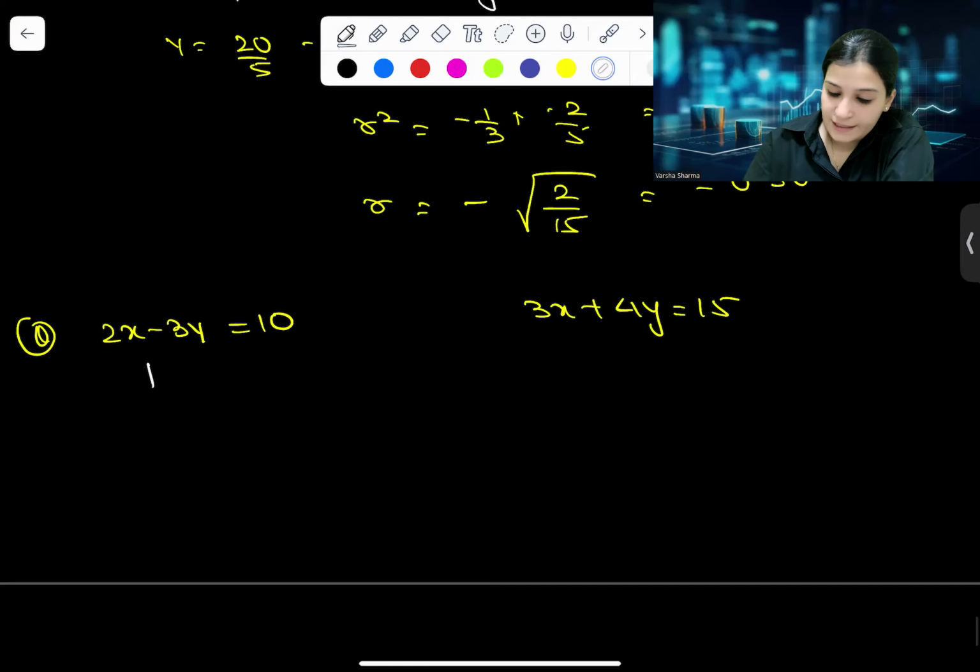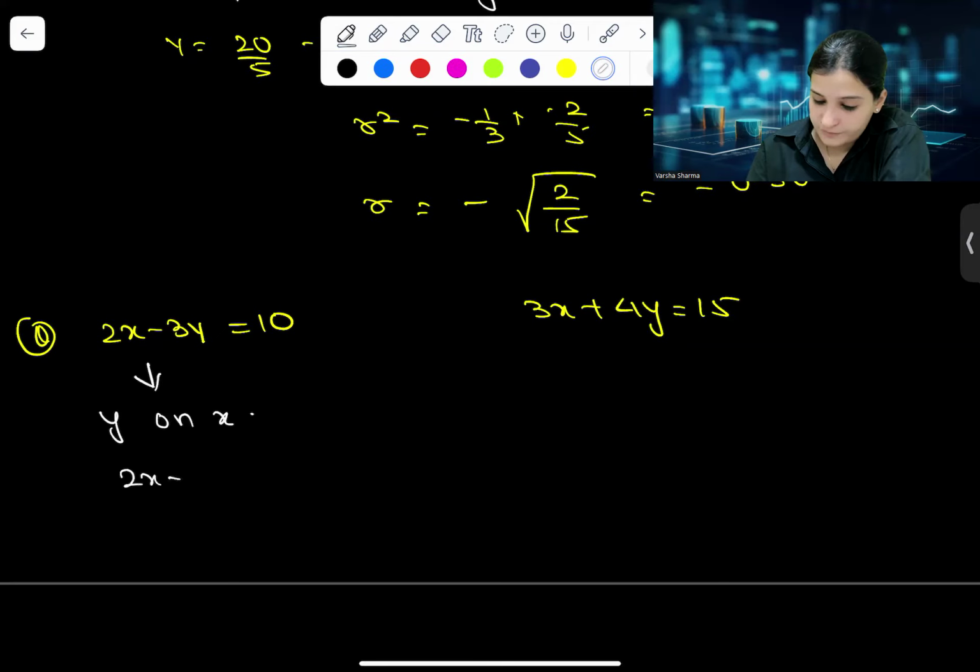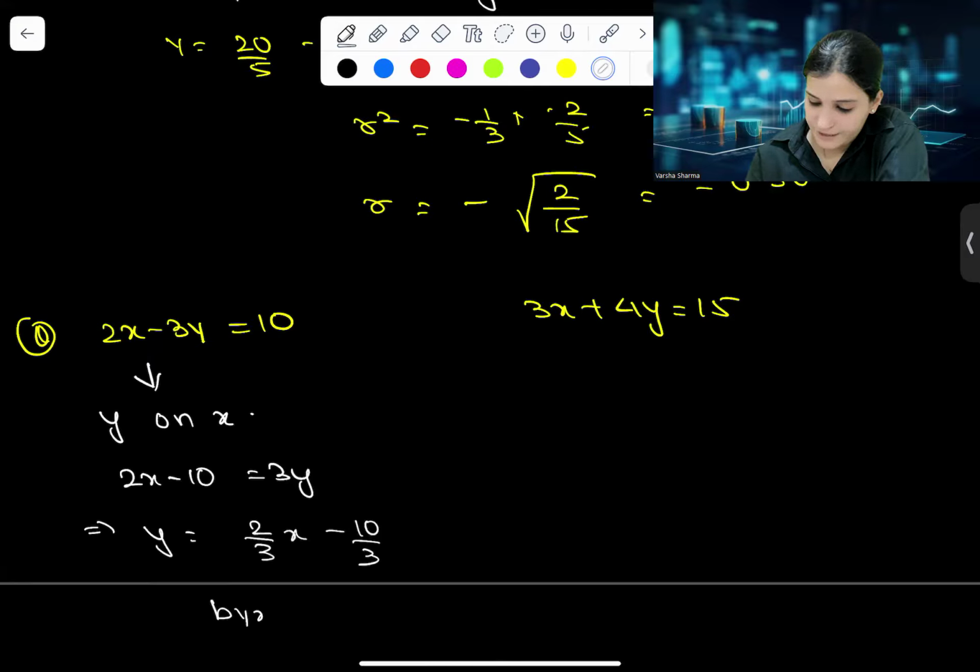If I assume this line to be y on x, isolate y. So byx is 2 by 3. So this will automatically be assumed to be x on y.